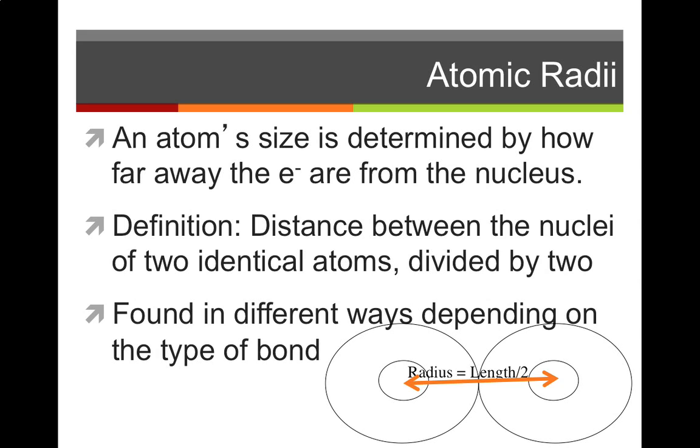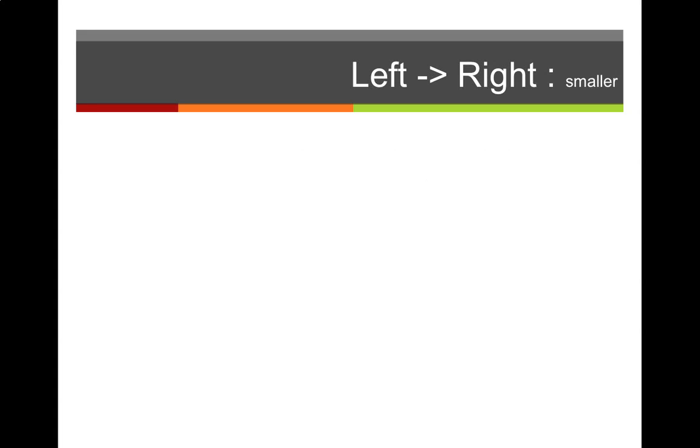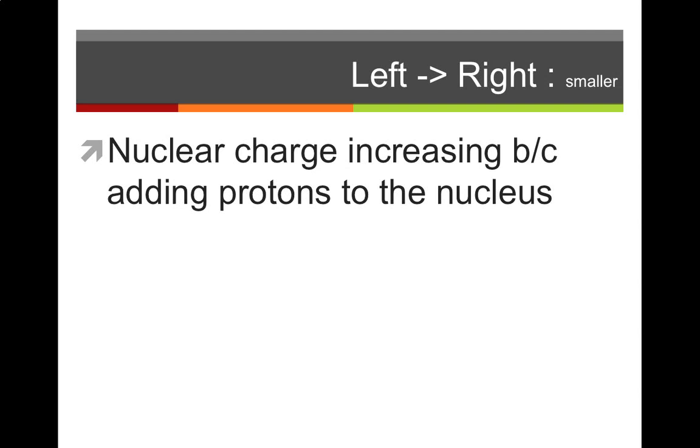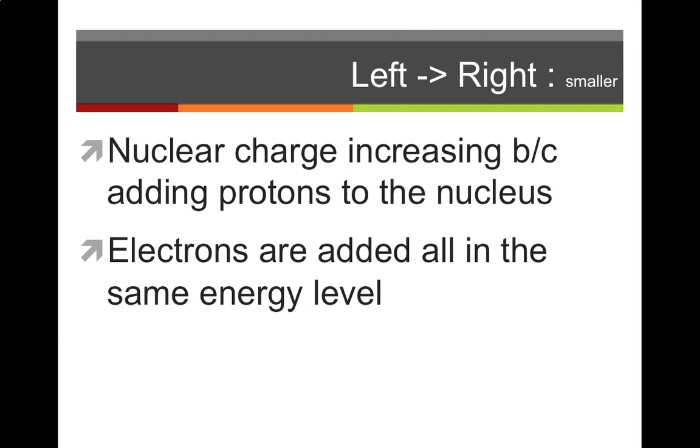So as we go from left to right on the periodic table, the atomic radius actually becomes smaller. And that's because the nuclear charge is increasing because we're adding protons to the nucleus. And the electrons are all being added to the same energy level.